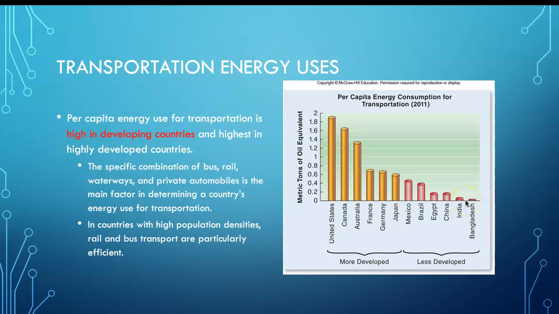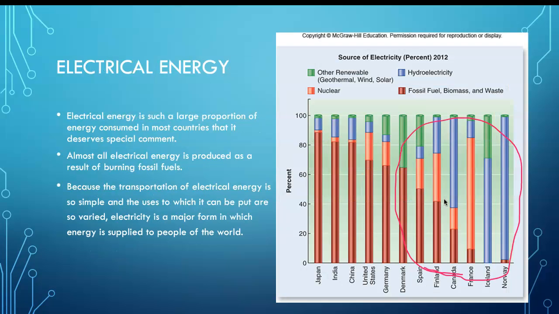Also, because of the denser population, massive public transportation systems are more popular in those countries. And because electrical energy is so convenient to transport and use, the major form of energy we use is electricity.